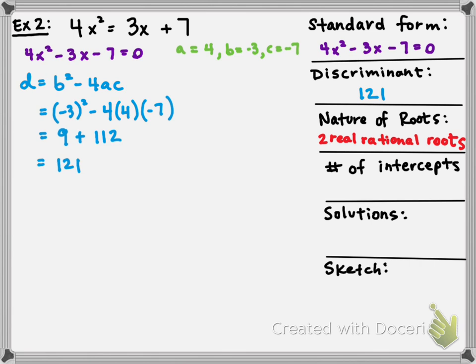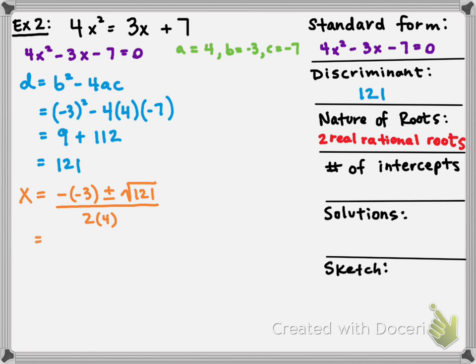Let's solve the quadratic. Let's actually find our solutions first. So when we solve for the solutions, let's look at that. That's going to be x equals -b plus or minus the square root of 121, all divided by 2 times 4.